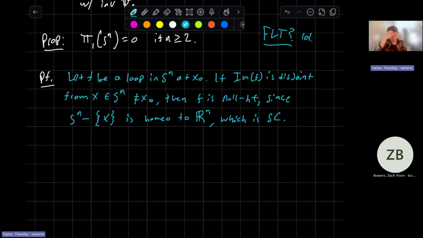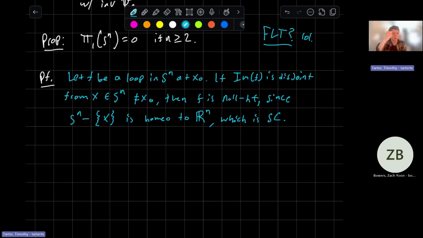Let's break that down. S^n minus x is homeomorphic to R^n, because I guess minus x would be the infinity point. Am I logicking correctly here, Zach?